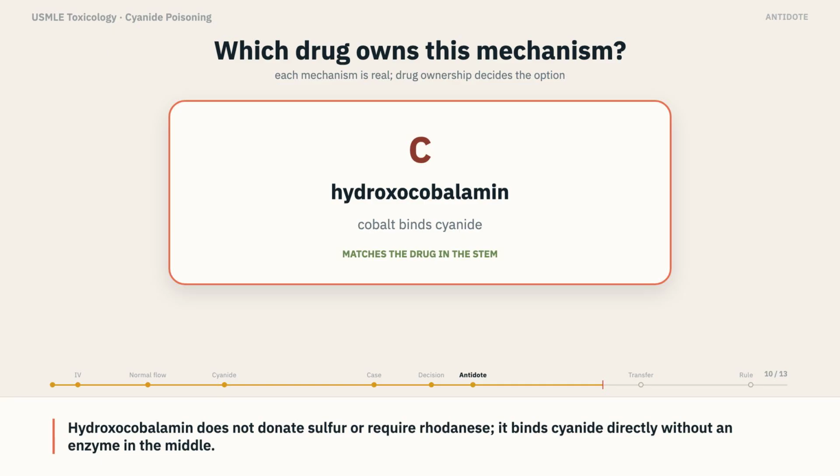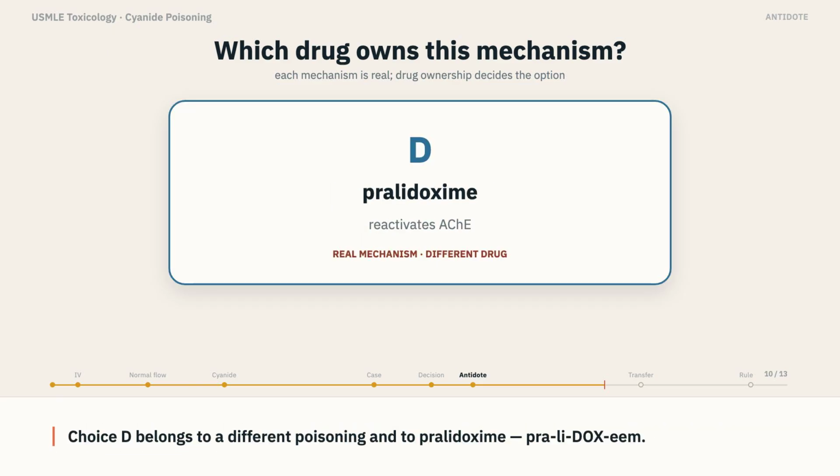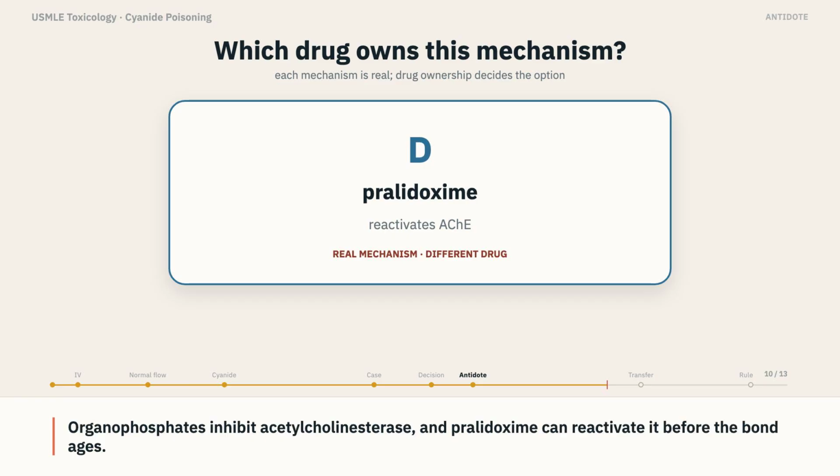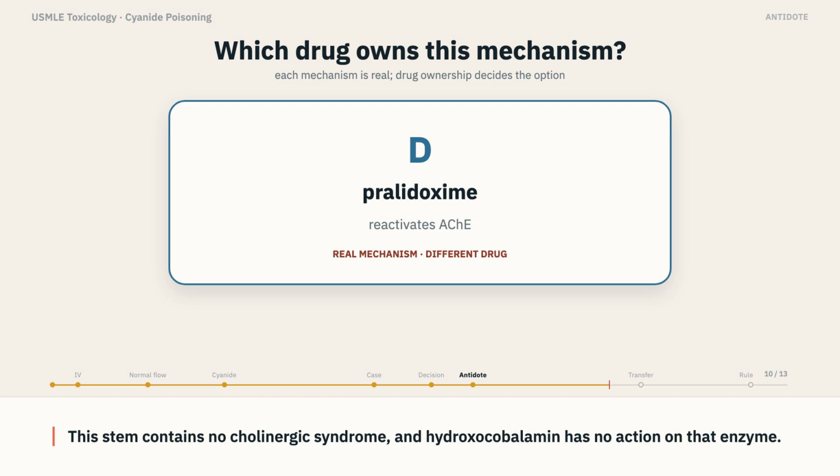It binds cyanide directly without an enzyme in the middle. Choice D belongs to a different poisoning and to pralidoxime. Organophosphates inhibit acetylcholinesterase, and pralidoxime can reactivate it before the bond ages. This stem contains no cholinergic syndrome, and hydroxocobalamin has no action on that enzyme.